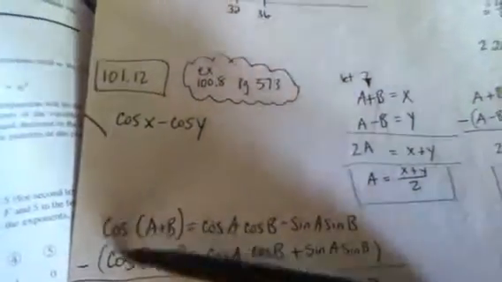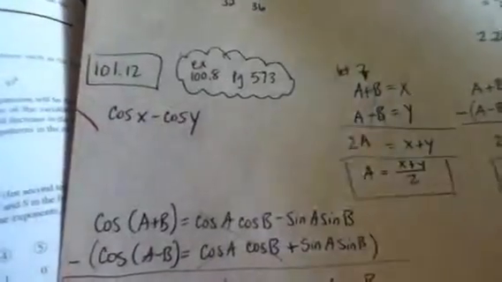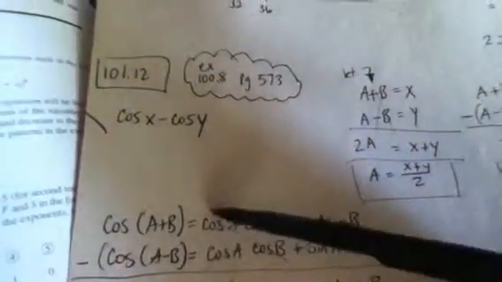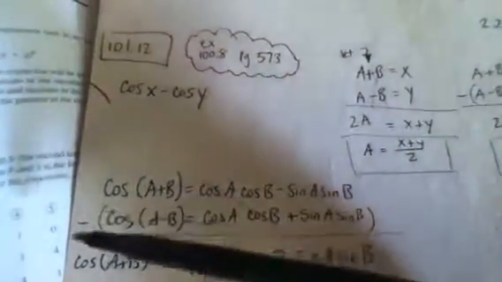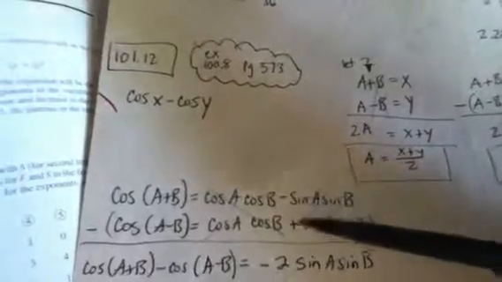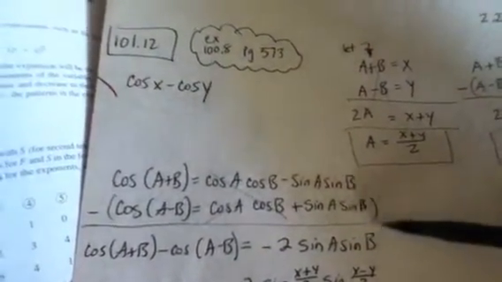So if you subtract the cosine of a minus b from the cosine of a plus b, then you'll have a cancellation here, and this is subtracting, so there'll be 2 negative sine a sine b's there.